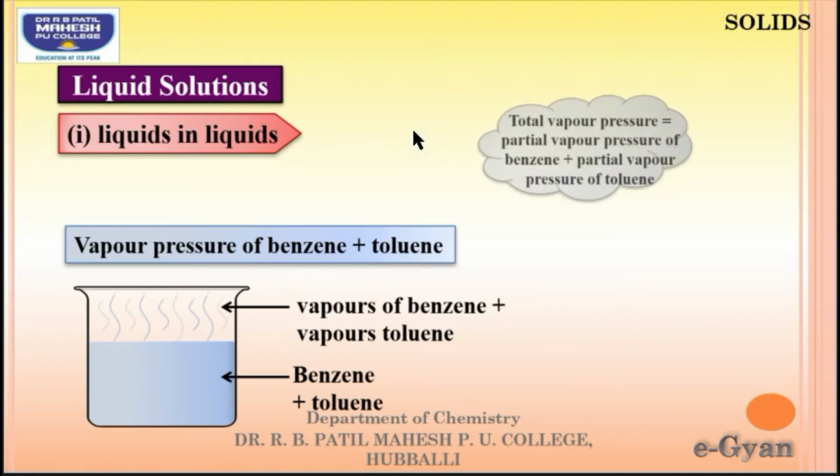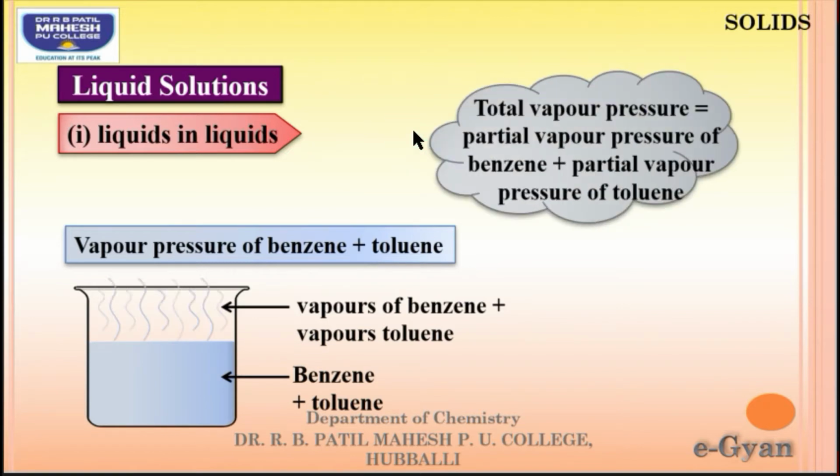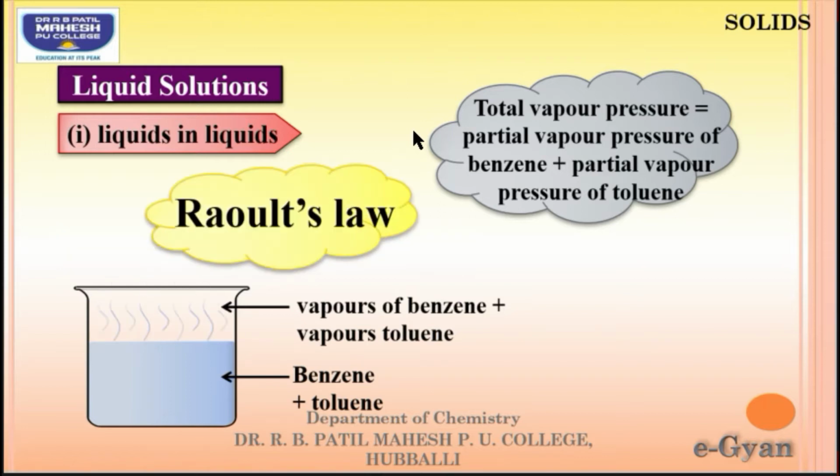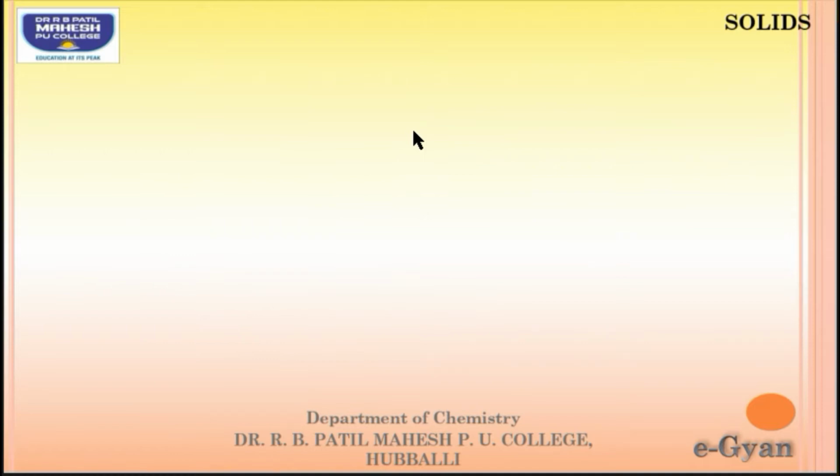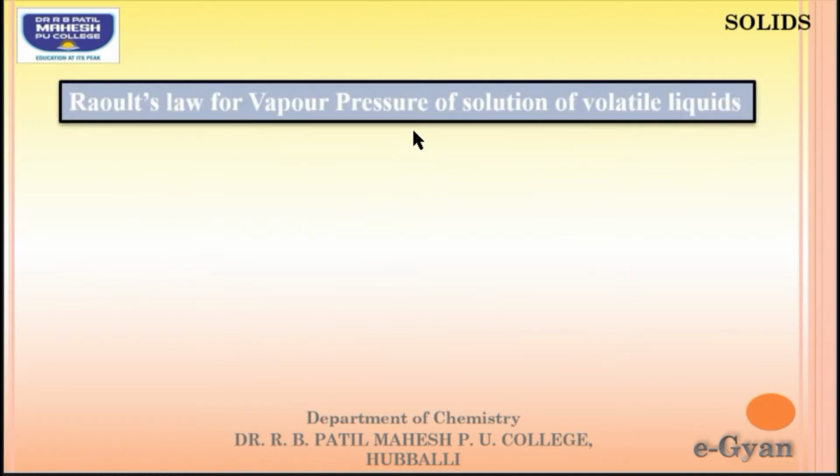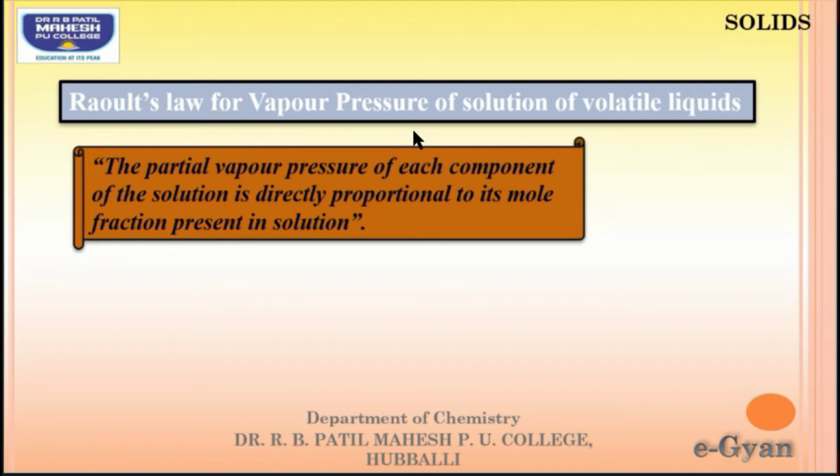That is nothing but total vapor pressure is equal to partial vapor pressure of benzene plus partial vapor pressure of toluene. This was explained by Raoult's law. Raoult's law for partial vapor pressure of volatile liquids is defined like this. The partial vapor pressure of each component of the solution is directly proportional to its mole fraction present in the solution.